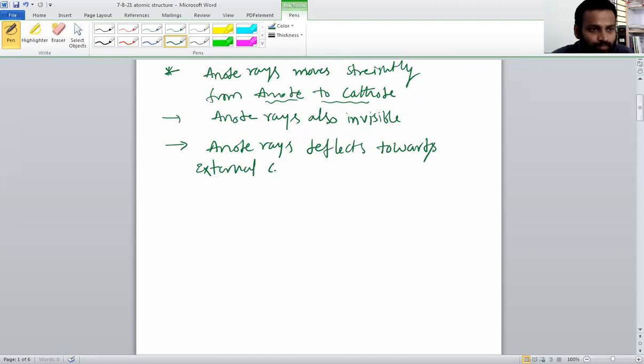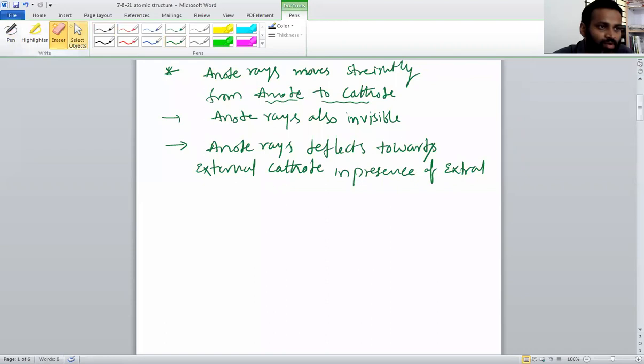Towards the external cathode, in the presence of an external electric field.